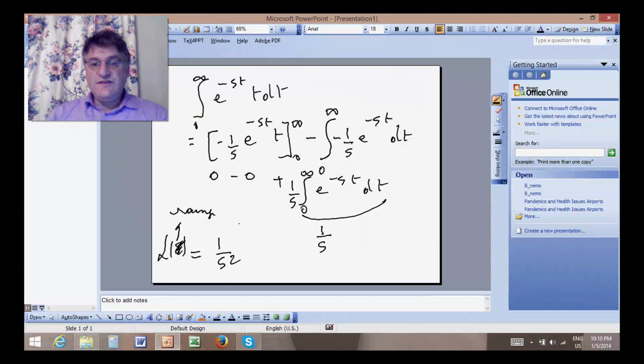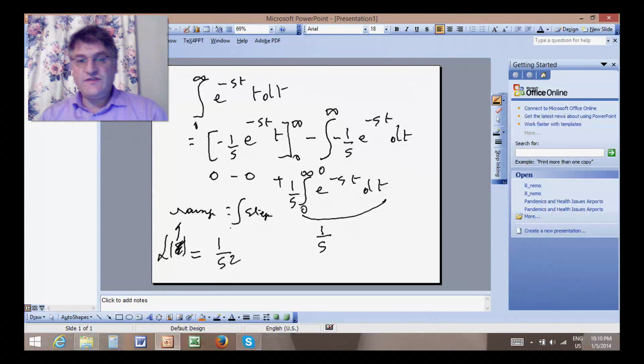Now, this suggests something. The ramp is the integral of a step. When we compute the Laplace transform of a ramp, we obtain 1 over s times the Laplace transform of a step. Let's see how this generalizes to a broader set of functions.